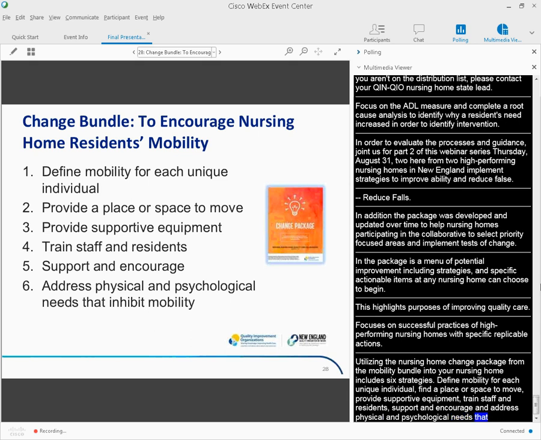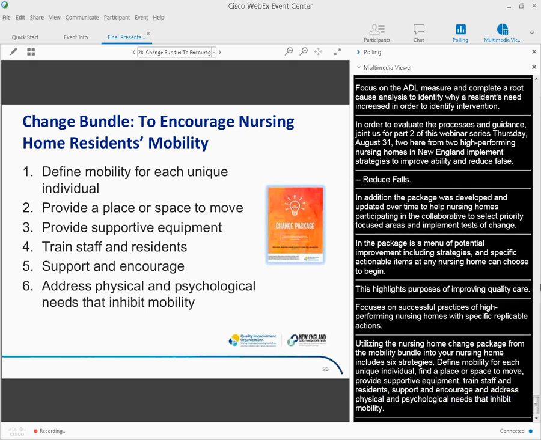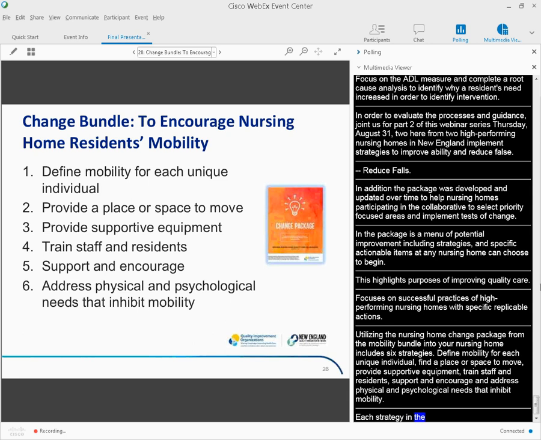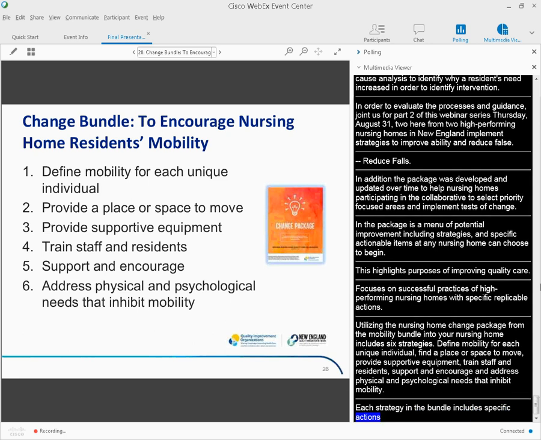Each strategy in the bundle includes specific actions that your team can take to implement change. Joshua will share a link in chat for you to access the change package.